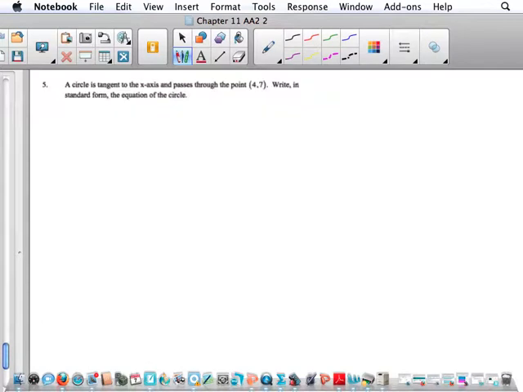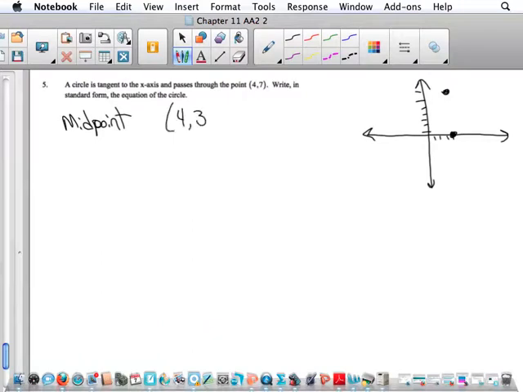Number 5, I didn't give you enough information on this, so we're going to assume that the point of tangency is on the circle, and that the segment to the point is the diameter of the circle. So if it is tangent to the circle, and we know we have a point here, this is the diameter. So the midpoint of that diameter is going to be the center of the circle, and that will be at (4, 3.5).